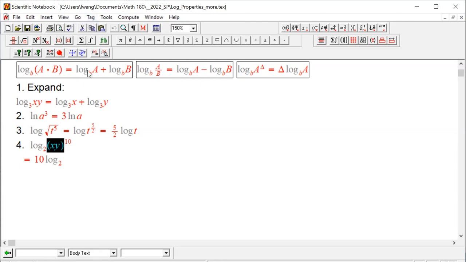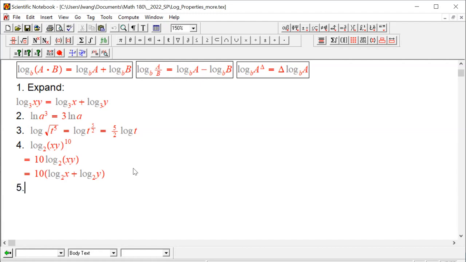Then we continue to apply the product rule, which gives 10, and we put a bracket because the whole thing is going to be expanded, log base 2 of x plus log base 2 of y. We still need that parentheses or bracket back, it doesn't matter, they mean the same thing.